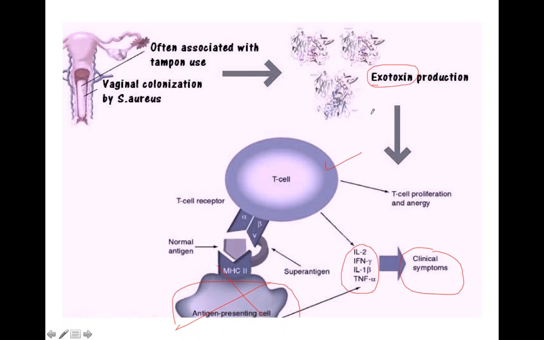And we have diagnostic criteria of toxic shock syndrome. As there is shock, the patient will have temperature more than 100 to 102 degree Fahrenheit, okay.